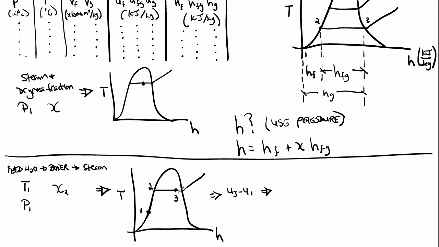If we applied what we did before, we'd use that pressure to find our H3, and we'd use this because we've got some percentage, which they gave us here. So I can find H3. I can also find U3. I'll use that same pressure to find my H2. Now my H2 will be at some pressure, and it'll be the F because I'm 100% fluid at that point.